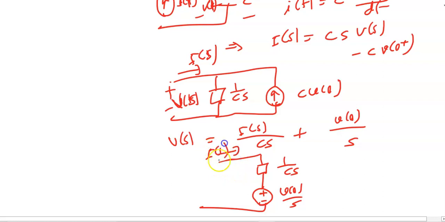This is your Is, this is your Vs. This equation governs the voltage transform and this equation governs the current transform.